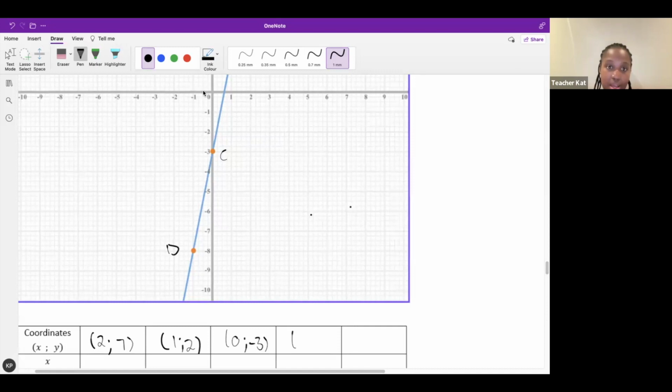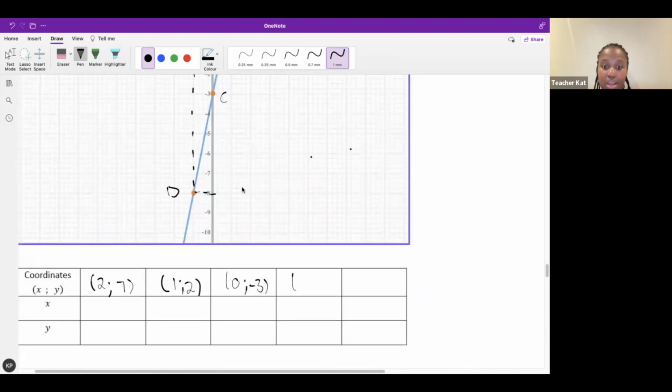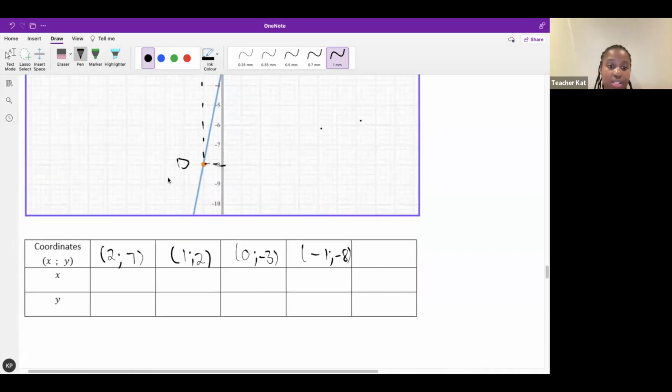Guys, remember, if you draw a line going all the way up there, where is this going to end up? At -1, and then going that way, it is -8. So this is -1, -8. Now, I'm going to write these down properly, okay? My X point for here is 2.